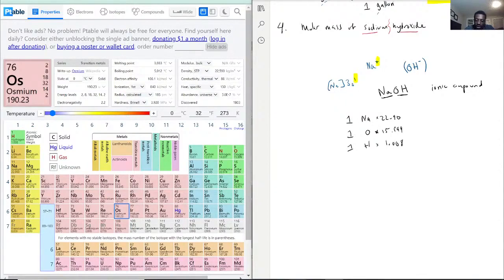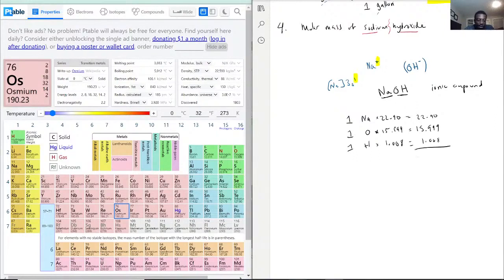Because it's just multiplied by 1, I just like to rewrite it on the side to keep things consistent. So 1.008 plus 15.999 plus 22.90.